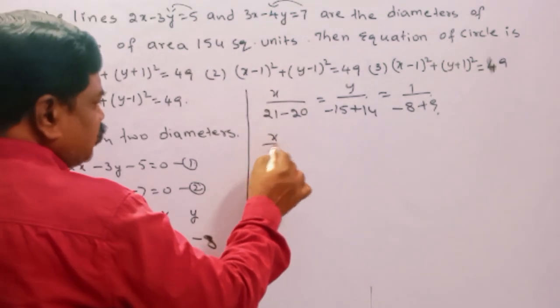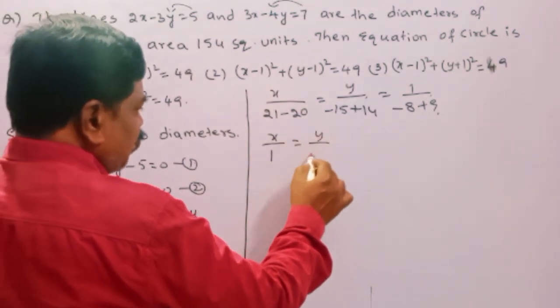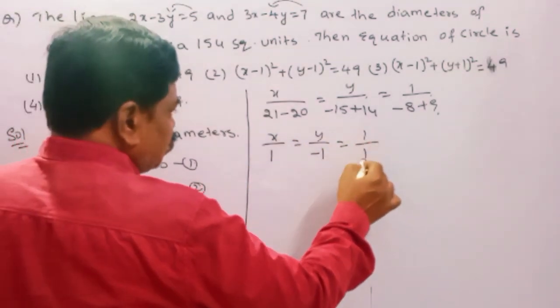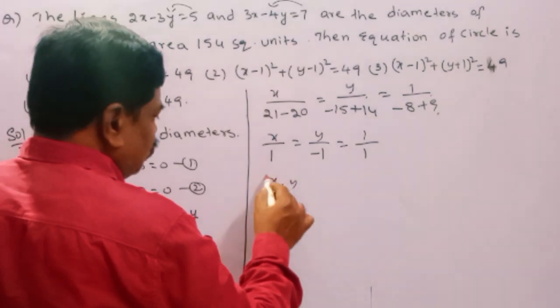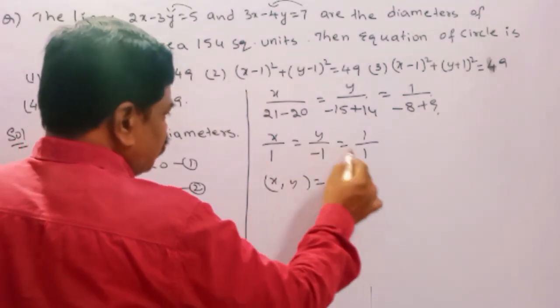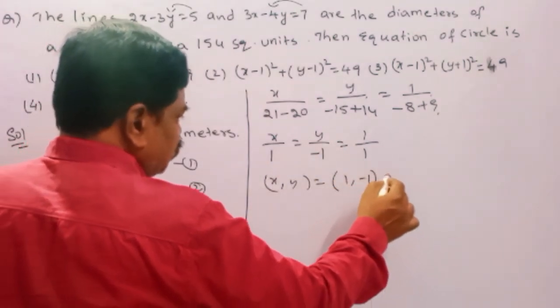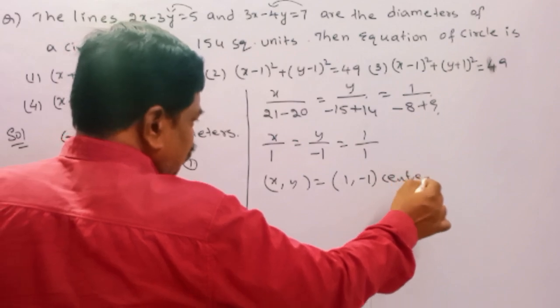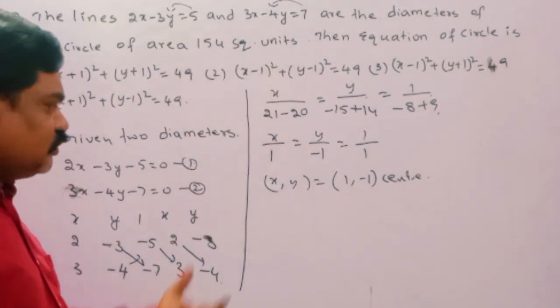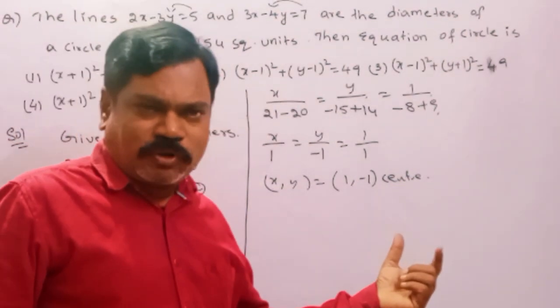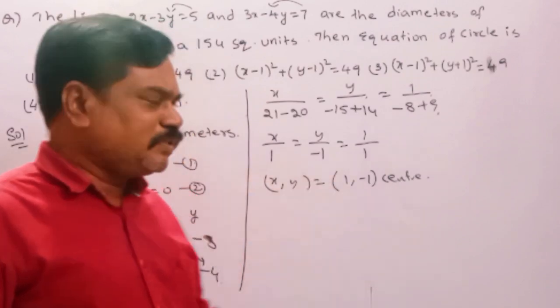Then x by 1 equal to y by minus 1 equal to 1 by 1. So x comma y is 1 comma minus 1. This is the intersection point, the center of the circle.